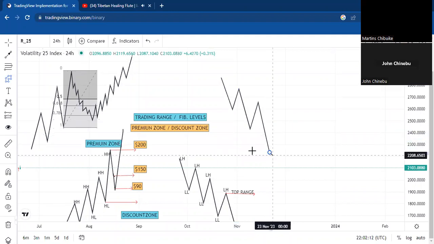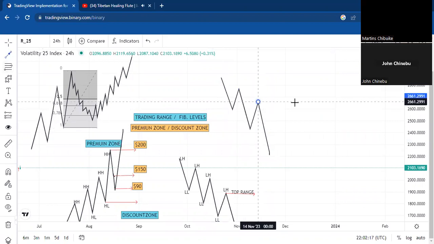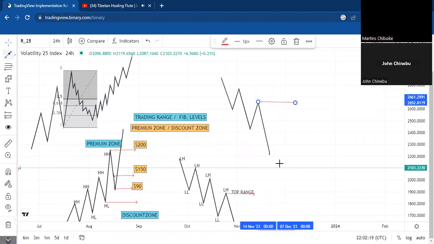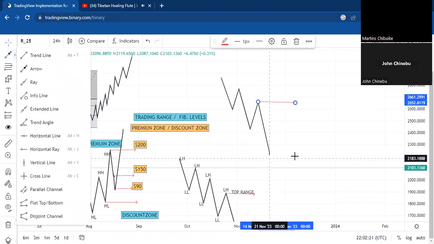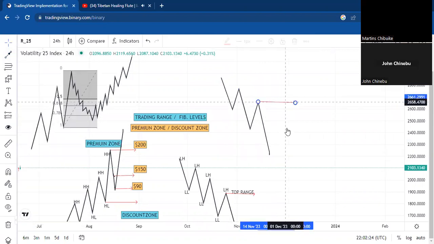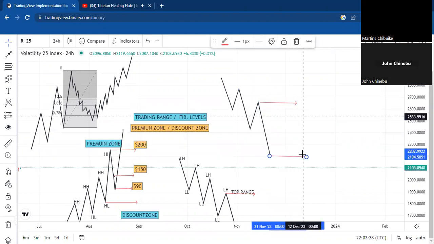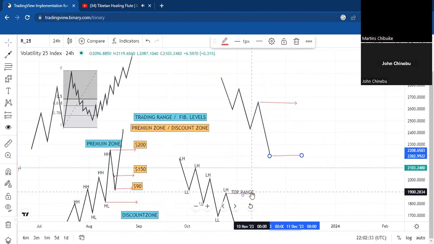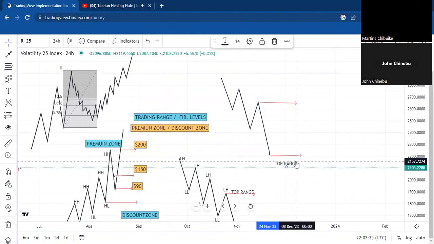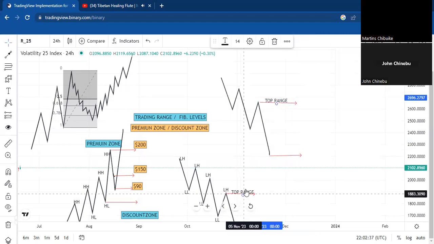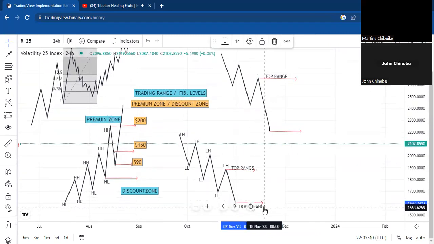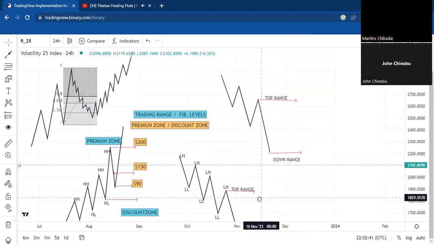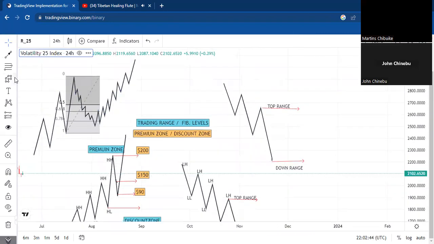For example, after seeing this market, you mark out your trading range. Here is your top range and here is your down range. So after marking it out, you can select your fib.